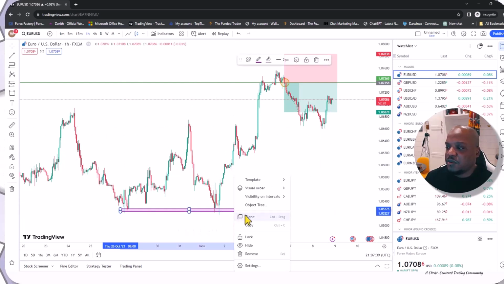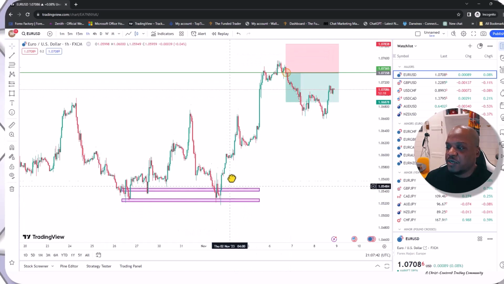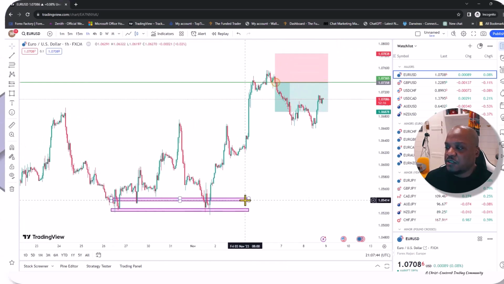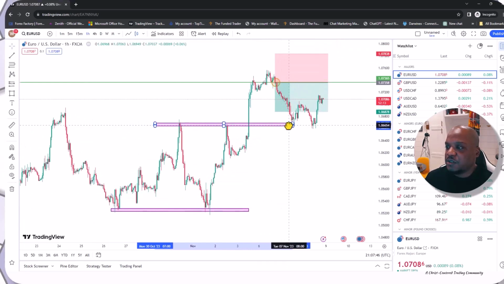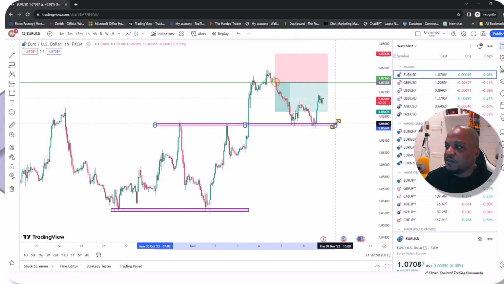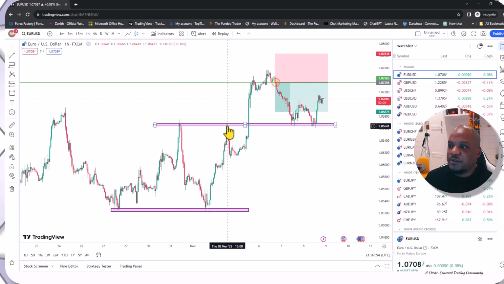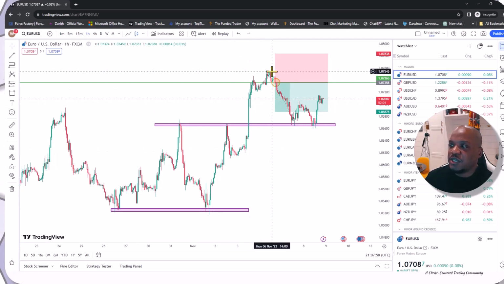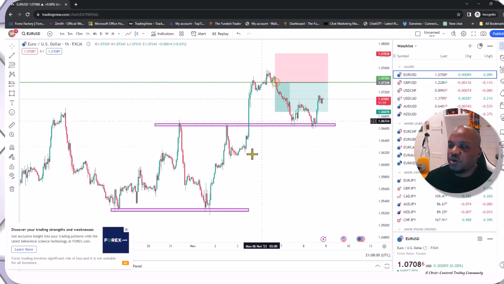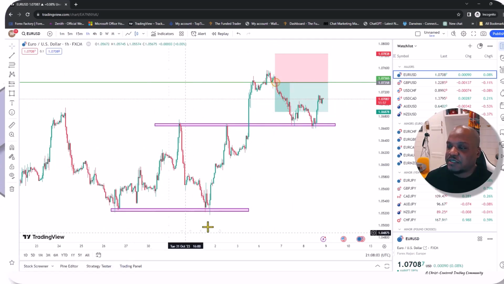So I'm going to clone this, left click, clone, bring this box up to right here. What we can see is that price used this as resistance, came down, created a low, pushed up, created a high. And that's where we were at in this idea.